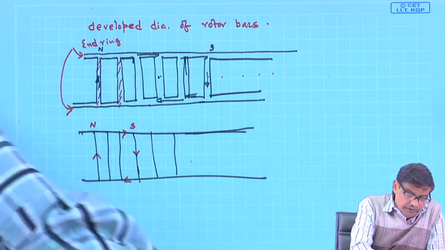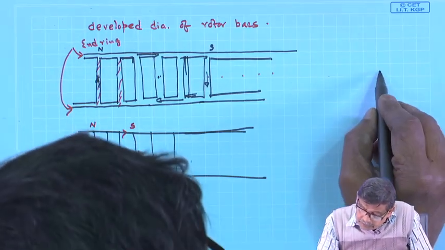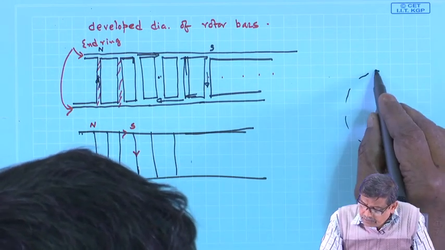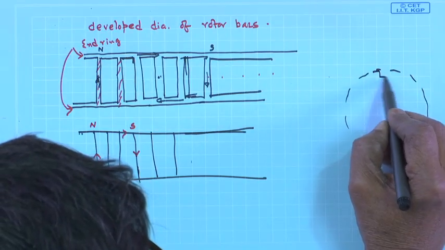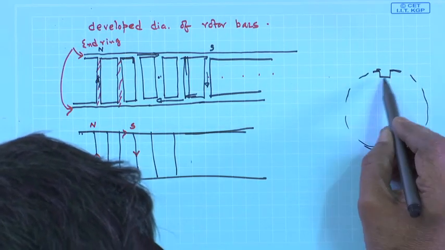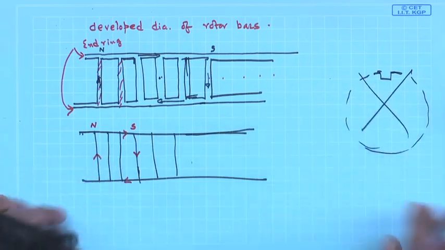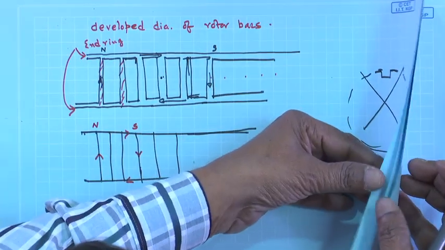Yes, it is possible. For example, suppose only R phase, I am showing the simplest thing. Suppose you have 4 slots, I mean stator, I should draw. So, it will be like this.